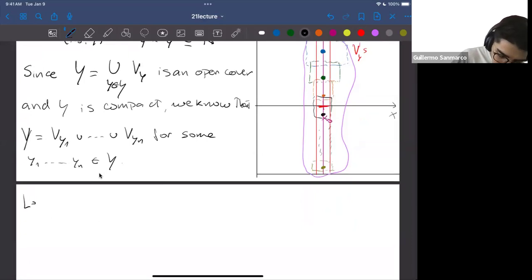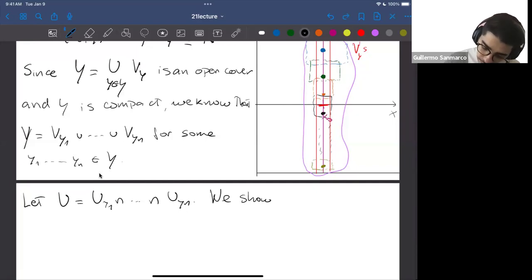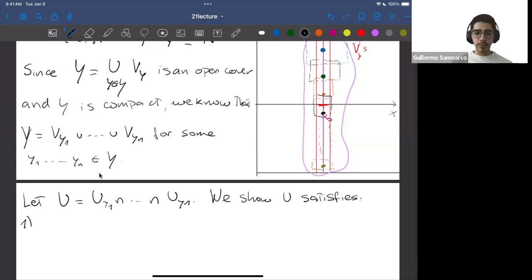So let's write our U. Take U to be the intersection of these finitely many U's: U_y1, blah, blah, blah, U_yn. And now we show it satisfies what it needs to. U satisfies the three things it needs to satisfy. The first one is we want U to be open.